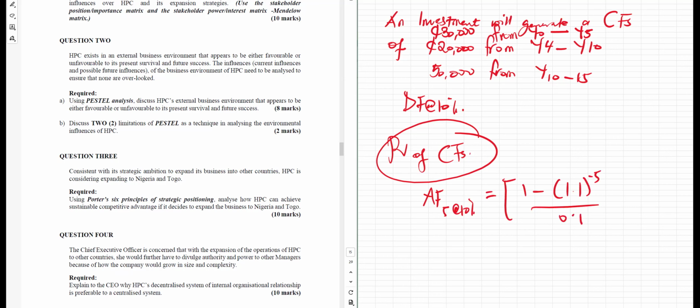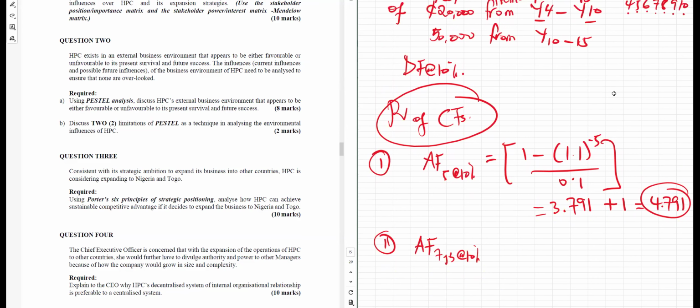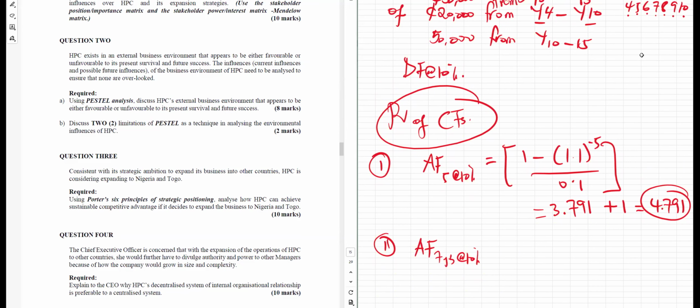From year 4 to year 10, how many years? 4, 5, 6, 7, 8, 9, 10. 1, 2, 3, 4, 5, 6, 7. So I have annuity factor for 7 years at 10%. But when I discount this, it will drop me in year what?